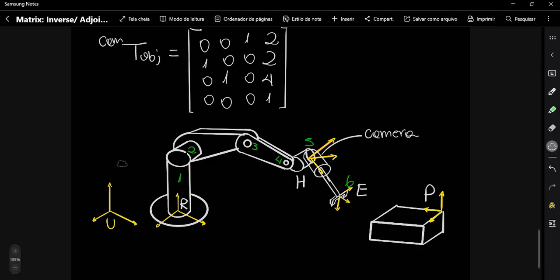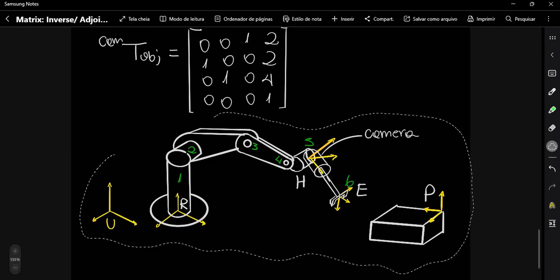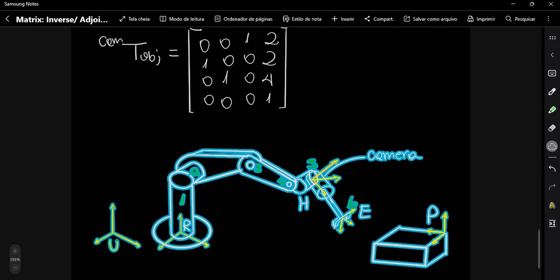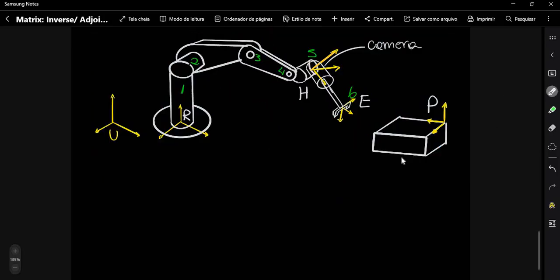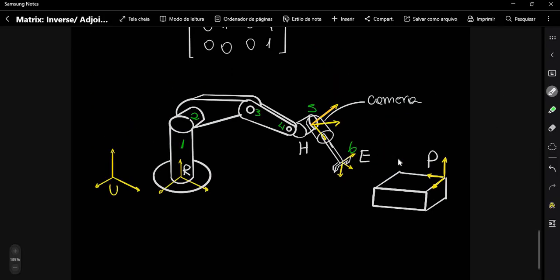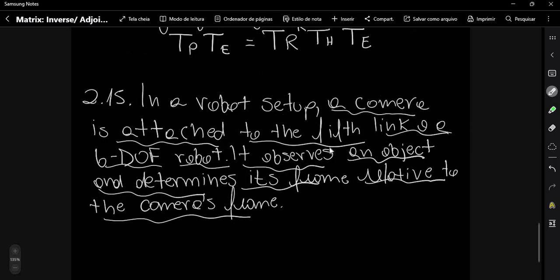This design is quite a mess, but we have to keep going. Only base it on the design in the task, and we know that the task right now is that the camera has to observe an object.